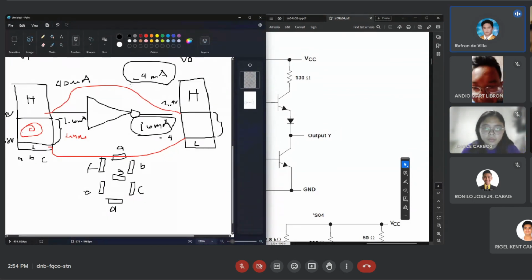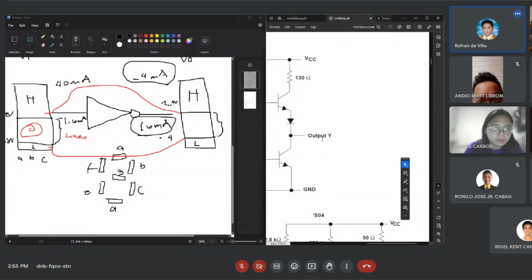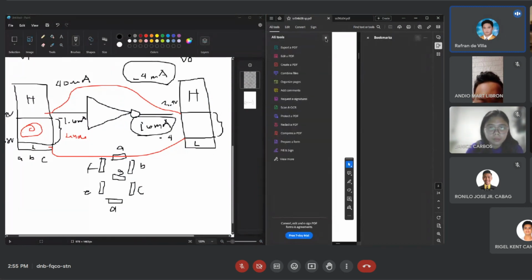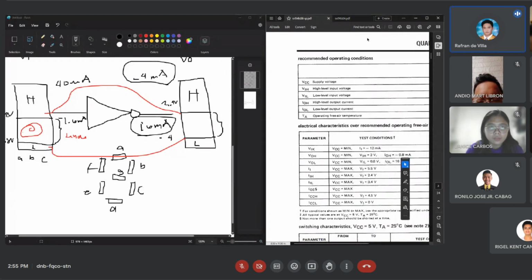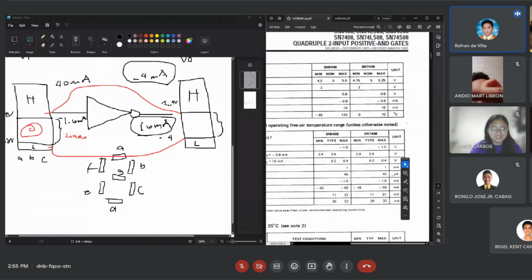Pero still it doesn't explain nga nang mas dako ang current low kaysa sa output current high. Kay mas dako man diri, di ba? Base sa datasheet. If you try to look at the datasheet, it's not only true for 7404, but it's actually also true for your 7408.